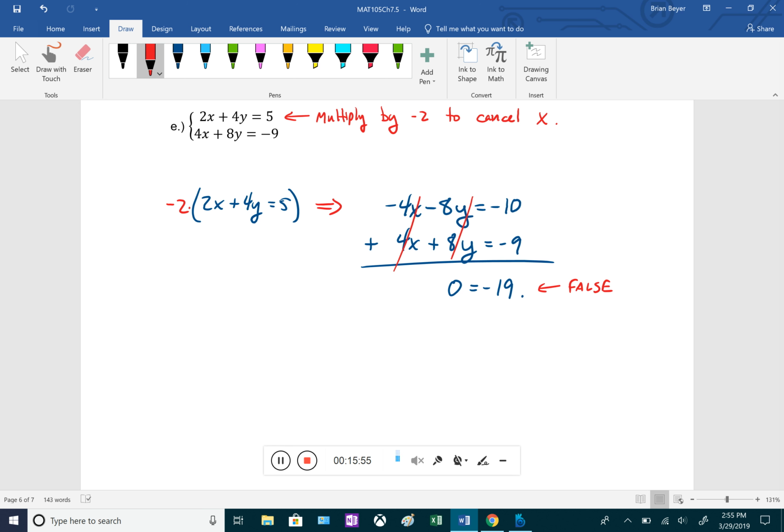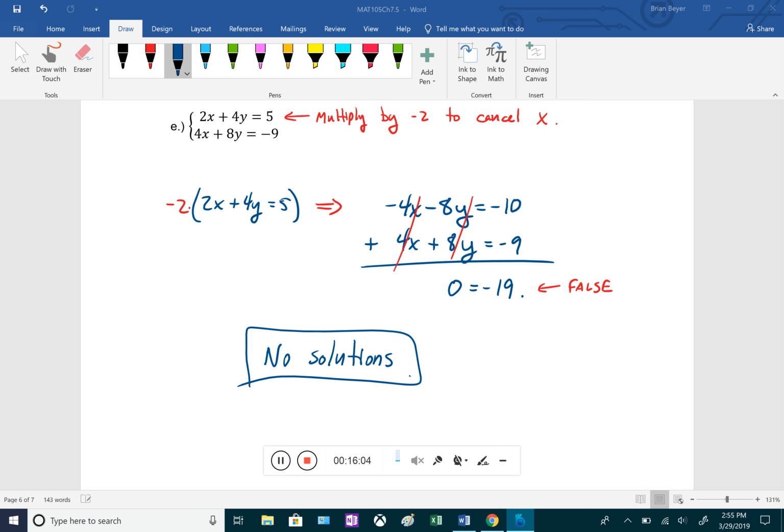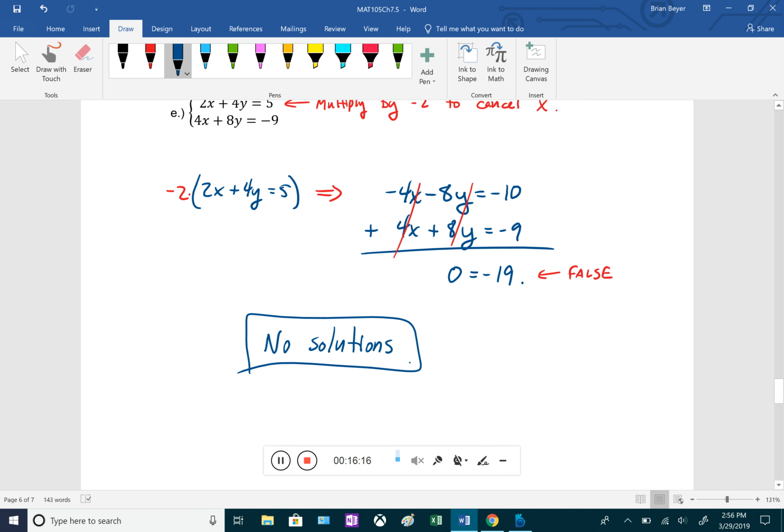So since the variables canceled and we got a false statement, that means there are no solutions. Okay, so there's no solutions for that one. So what this means is that, if you remember from the previous sections, these are parallel lines, so they never intersect, so there are no solutions.